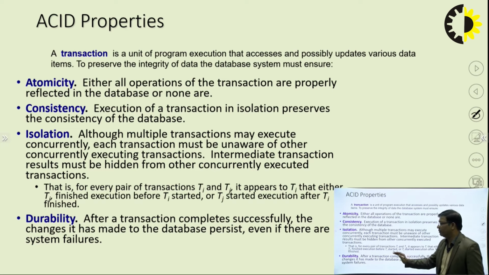So this is durability. If we follow these four rules, then we can say that the transaction is complete: atomicity, the transaction is completed; consistency, the record should maintain its values; isolation, each transaction is isolated from other transactions; durability, the changes should reflect everywhere.